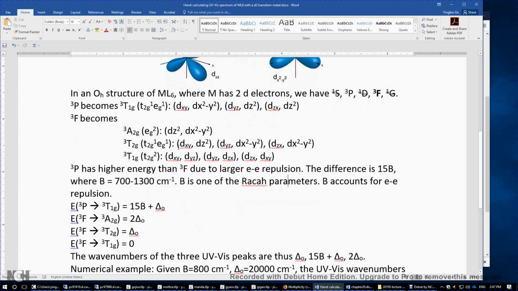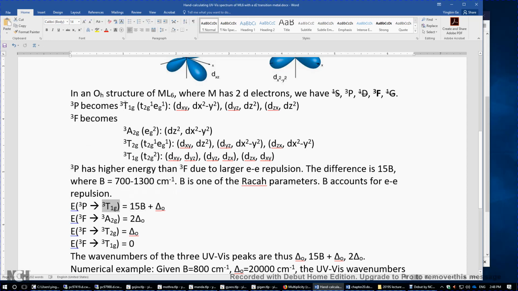All right, so again, this 3P has higher energy than 3F by 15B. So we're going to put 15B here. But then you can see I have this equation, the energy of 3P, that becomes 3T1g.